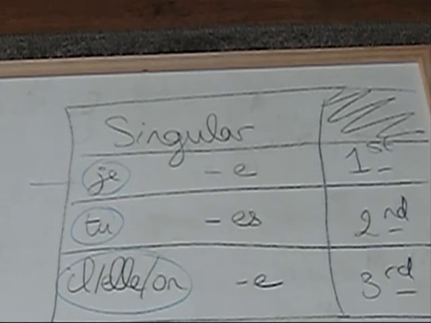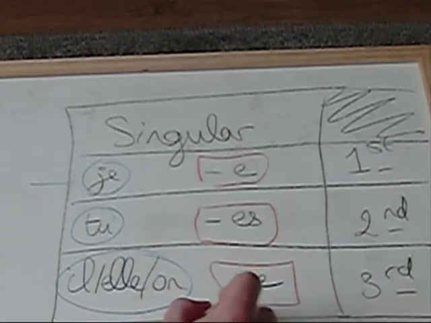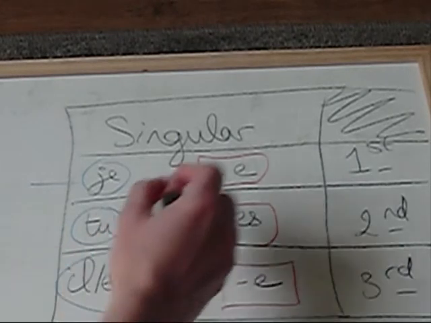That means ER will not work anymore. We have to change it. We also are focusing here on the present tense, and so the action is happening now or happens regularly, and it's a habit. In that case, ER will become E for je, ES for tu, and E again for il, elle, on. That's the pattern in the singular forms.